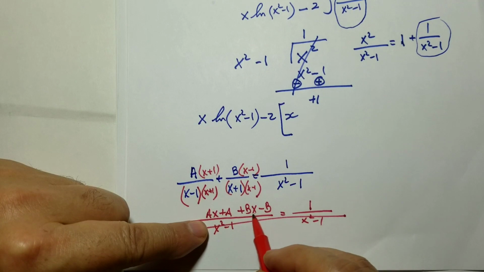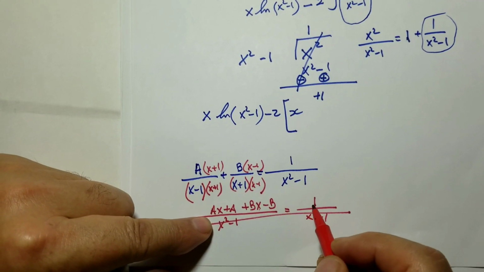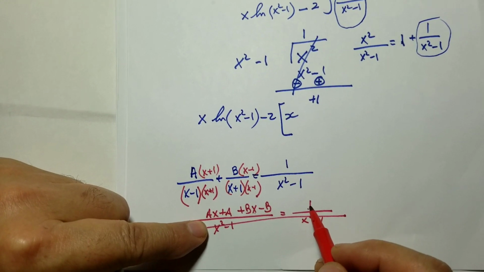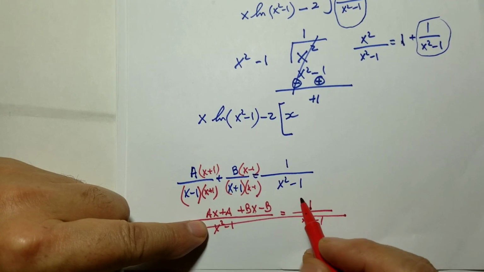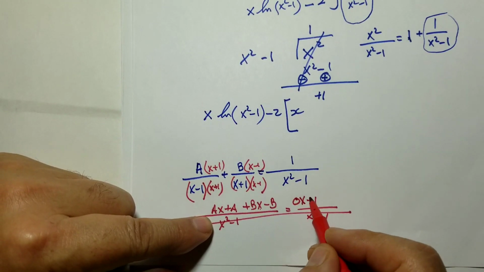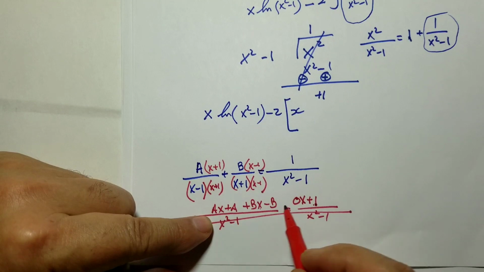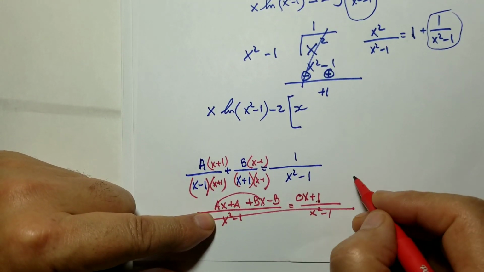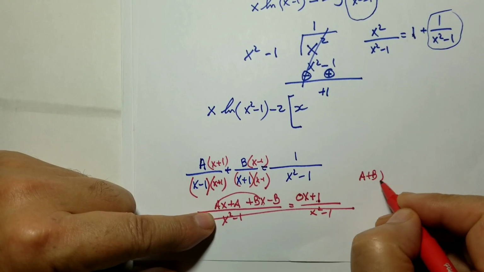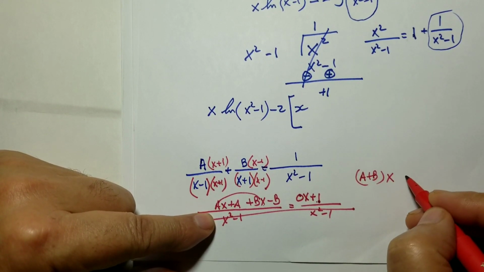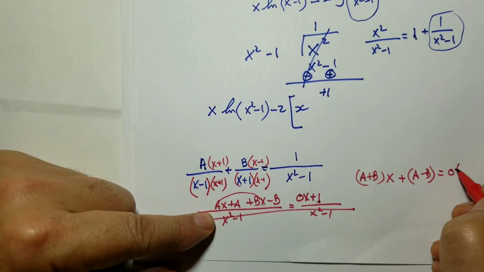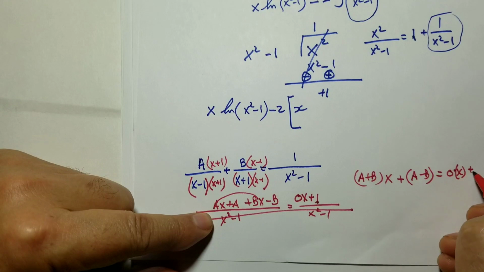Let's compare the coefficients. This one is the equation of a line. But what is the slope? It's a horizontal line and the slope is 0. Therefore, I'm going to add 0x right here, so that I do have something to compare with as the coefficient of x. I'm going to factor A plus B, because both are coefficients of x, and put my constant in the parentheses, and that should become equal to 0x plus 1.